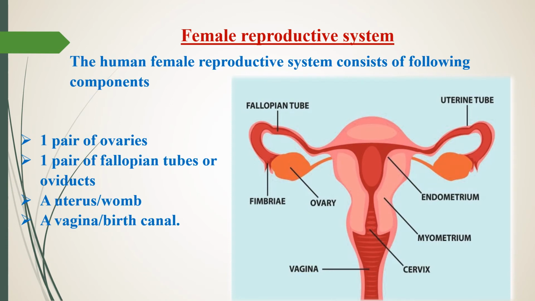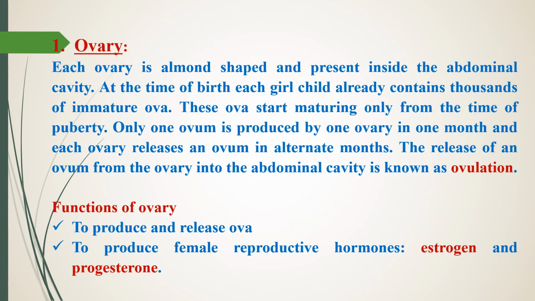So now we will study in detail the different components of the female reproductive system and their functions. First is the ovary. Each ovary is almond shaped and present inside the abdominal cavity. At the time of birth, each girl child already contains thousands of immature ova.